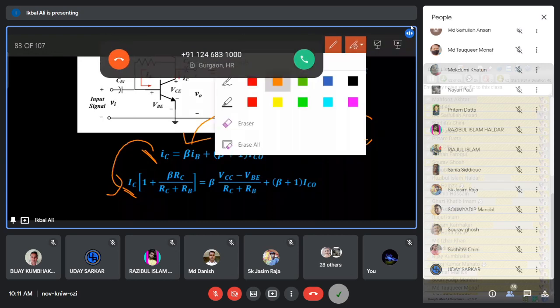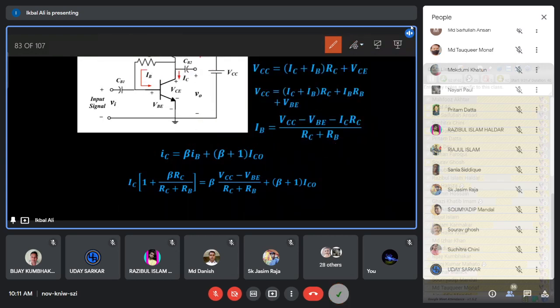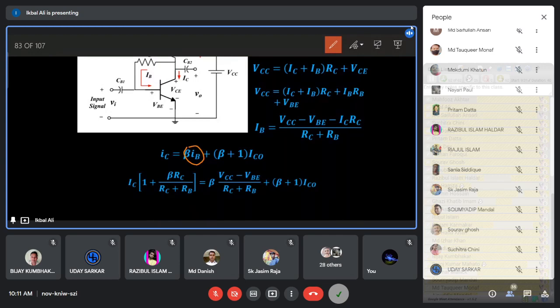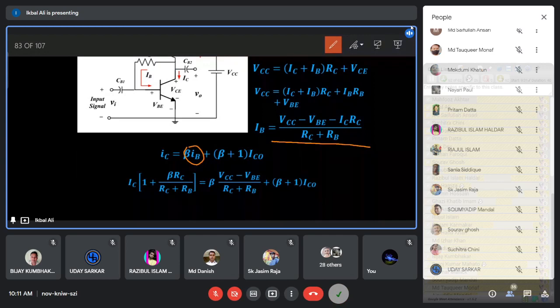You just see that if you substitute IB here, the IB expression is VCC minus VBE minus IC into RC by RC plus RB. So in this IB equation, if you substitute it here, it will be beta times VCC minus VBE minus IC RC by RC plus RB.